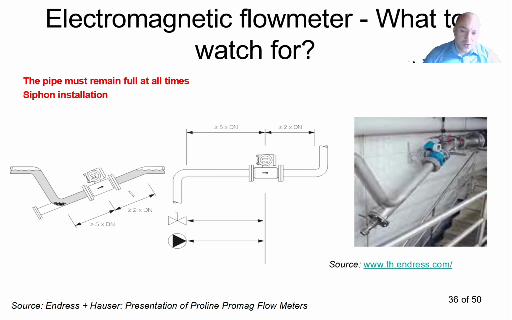You again need to maintain some distance upstream and downstream. So here we see at least 5 pipe diameters in front and at least 2 pipe diameters after the flow meter. So we are steadily decreasing the requirements for this distance.